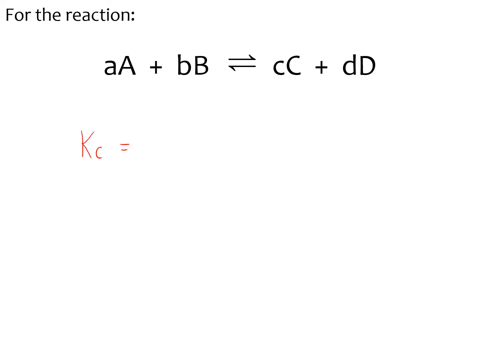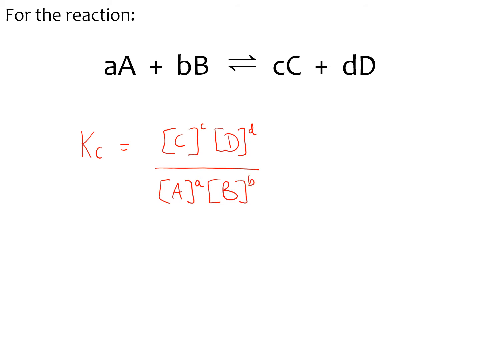For example, for the reaction aA plus bB in equilibrium with cC and dD, where the lowercase letters are the number of moles of each, the stoichiometric ratio, the Kc expression would be Kc equals the concentration in square brackets of C raised to the power of little c, whatever that number is, times by the concentration of D raised to the power of little d, divided by the concentration of A raised to little a, times by the concentration of B raised to the power of little b.